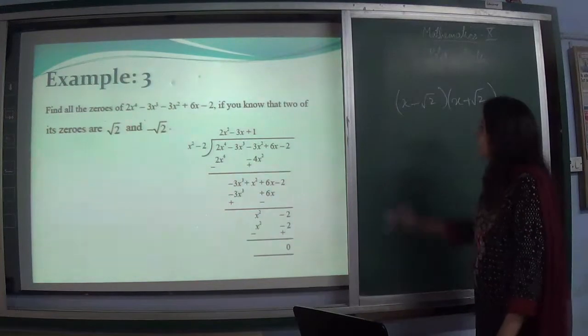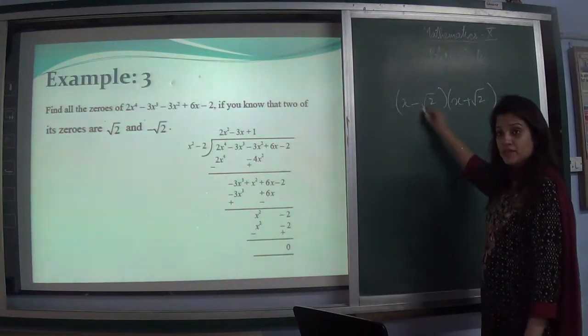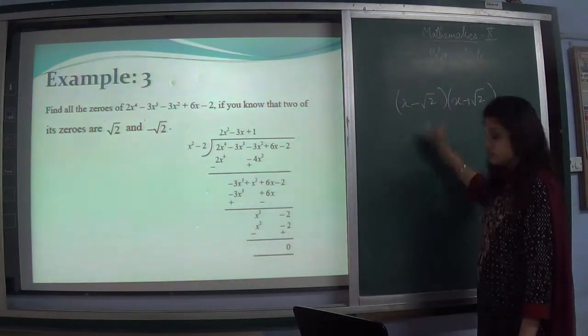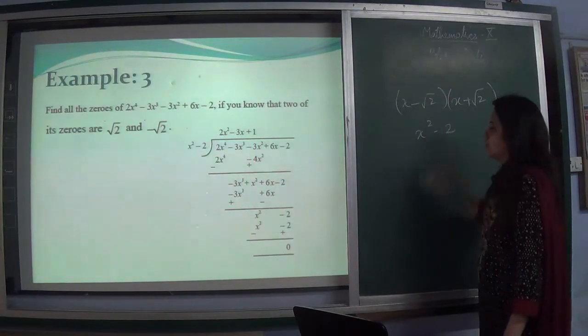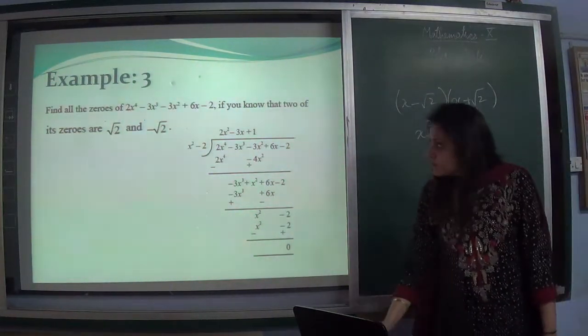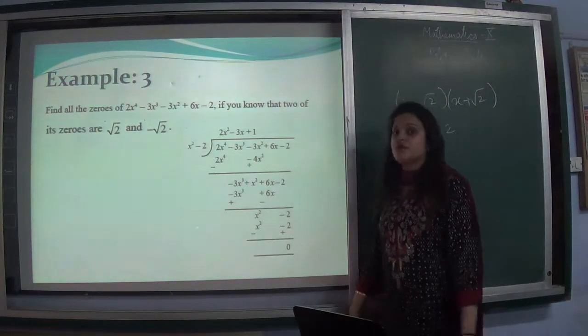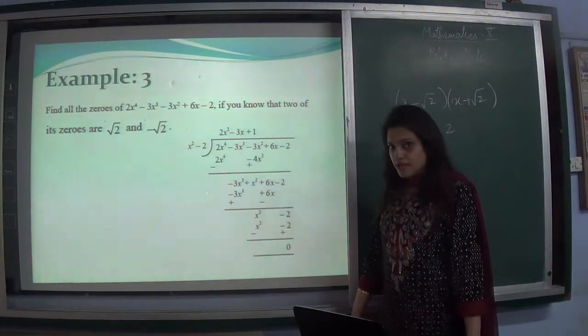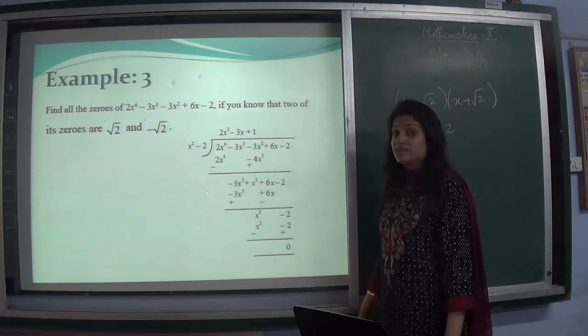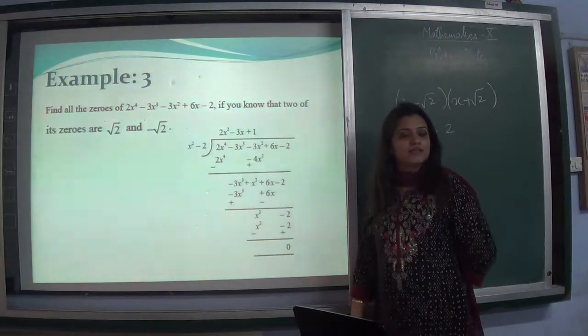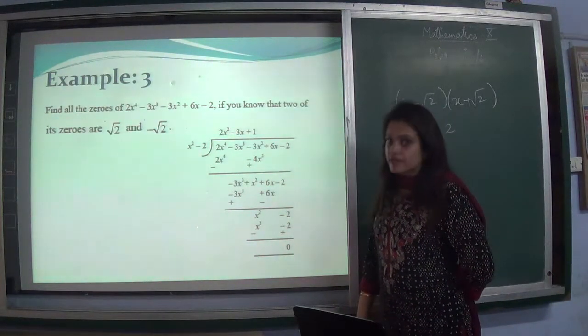When we multiply, remember it's a minus b, a plus b, so it's going to be a squared minus b squared. It gets x squared minus 2. That means when 2 zeros are already given, can we safely multiply them as factors and divide the polynomial? Yes. The polynomial will get equally divided.